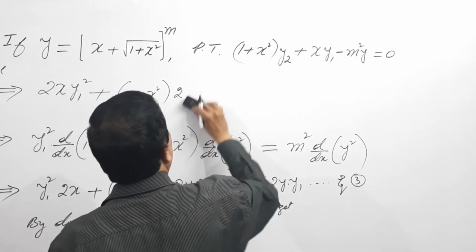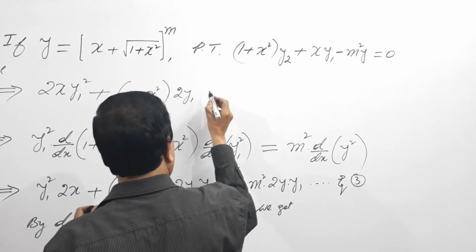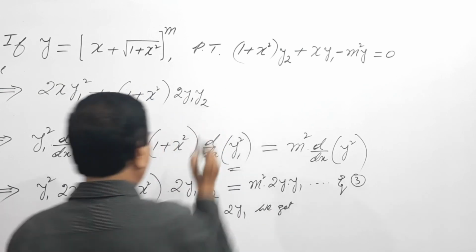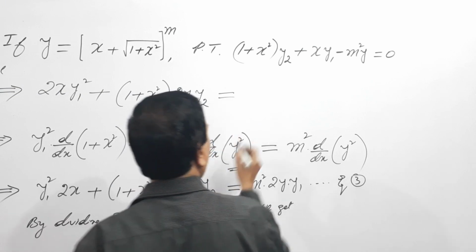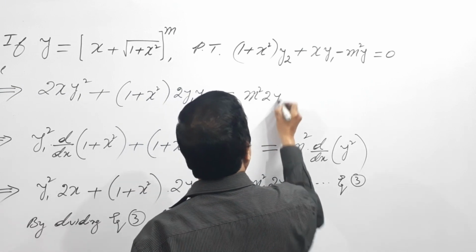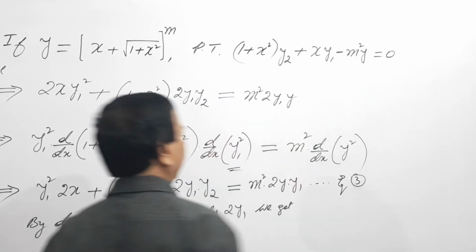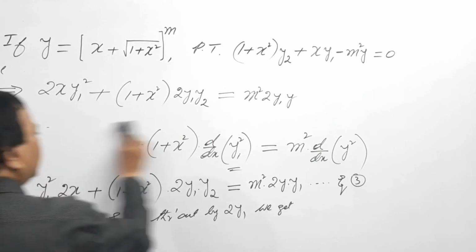Okay, I'll write like this, 2 y1 y2 equals to m squared 2 y1 y. Correct? Yes.